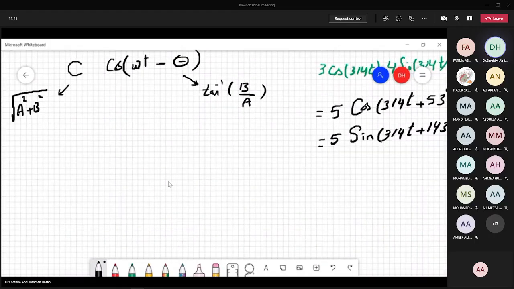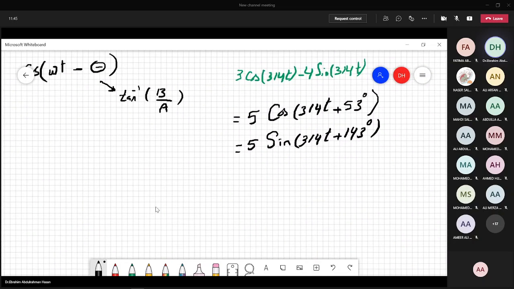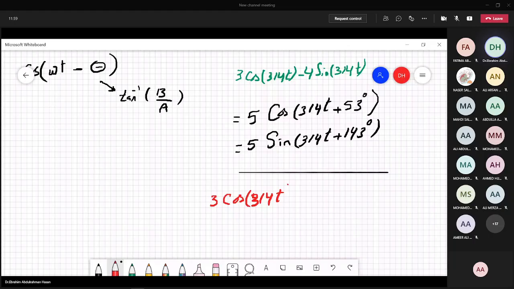Okay, the second one that I asked you to do is the same except that here we have 3 cosine 314t minus 4 sine 62t. Okay, for this one we don't have a formula.